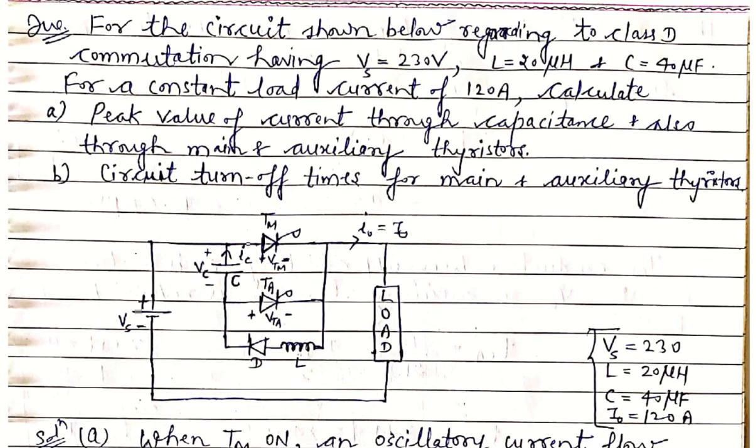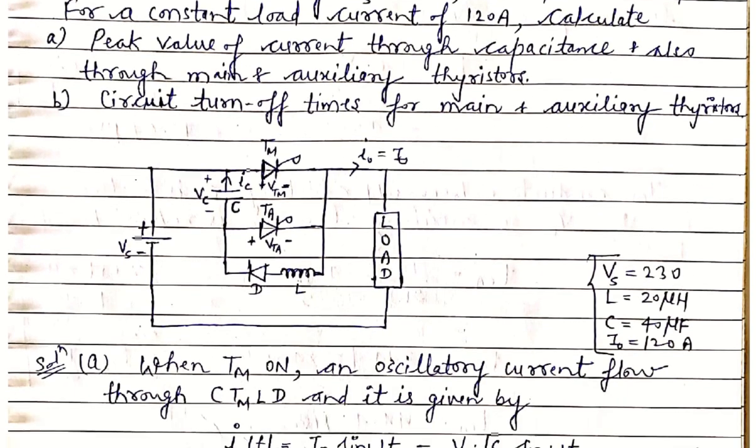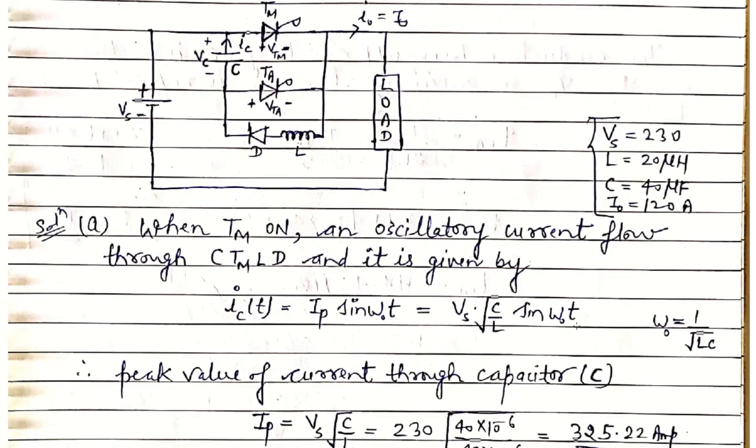In the first part, we solve for the peak value of current through the capacitance and the main and auxiliary thyristors. First, the peak value of current through the capacitor. The capacitor supplies current like this, IC, as denoted in the diagram by the arrow. When the main thyristor is on, there is a path for the capacitor current IC to flow.